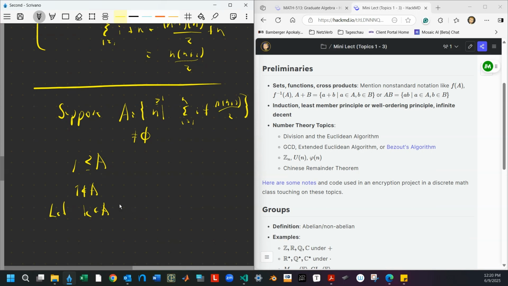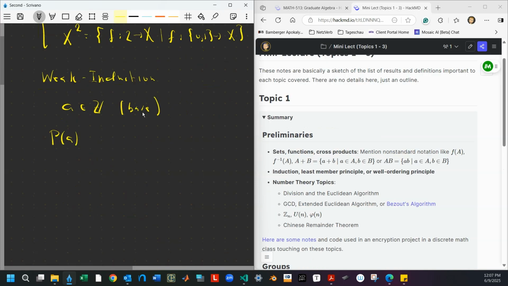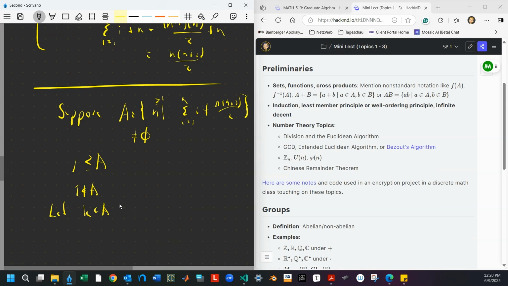It shows that p at k minus 1 implies p at k, where p is the thing I'm trying to prove. So we get k is not in A because it actually does hold. But the assumption was that k was the least thing in A, so we have a contradiction.